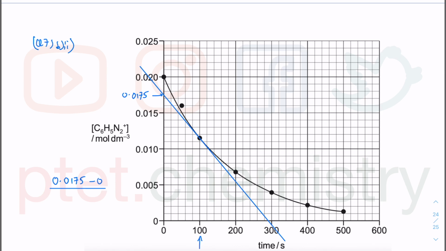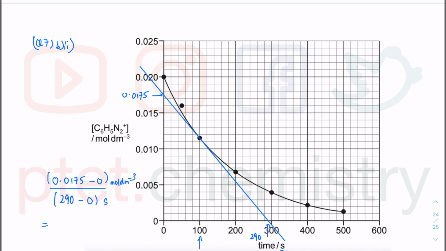For x2 minus x1, this is 200, 220, 240, 260, 280, 290. So this is 290 seconds. So 290 minus 0, this is seconds at the bottom. On top is mole per dm cube.